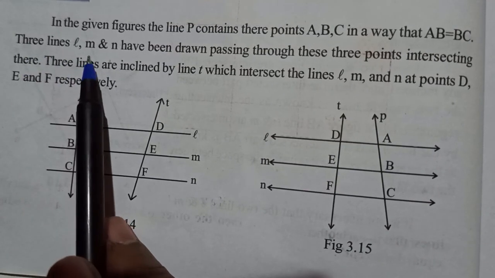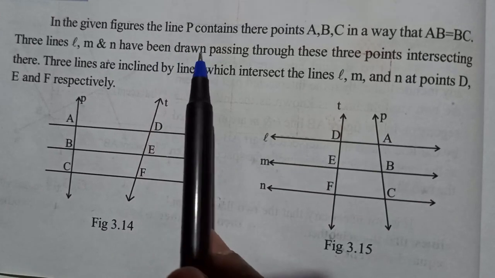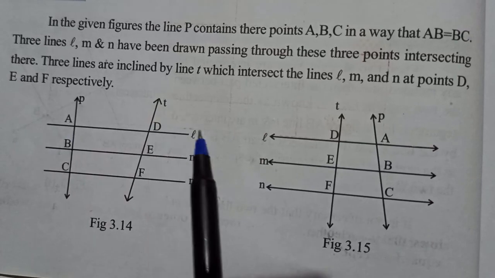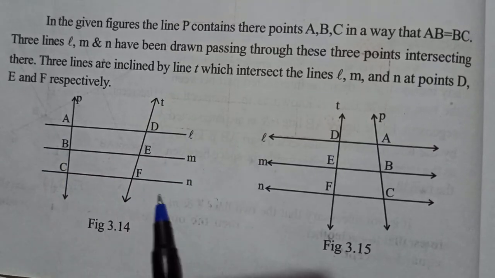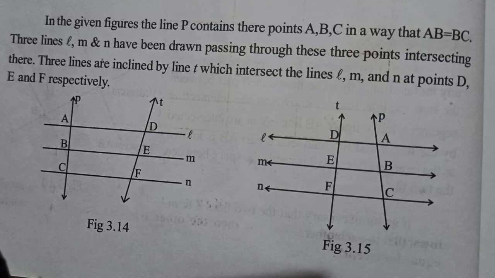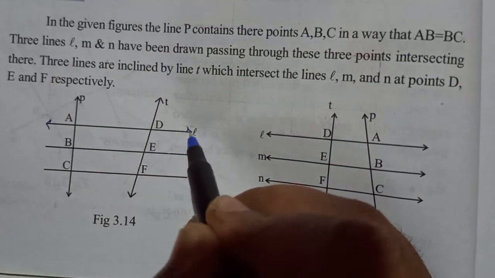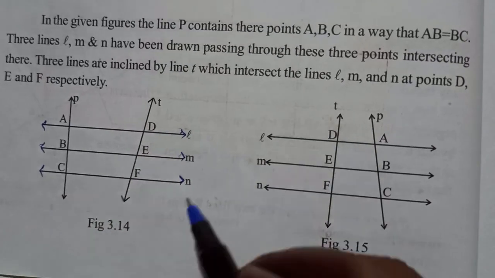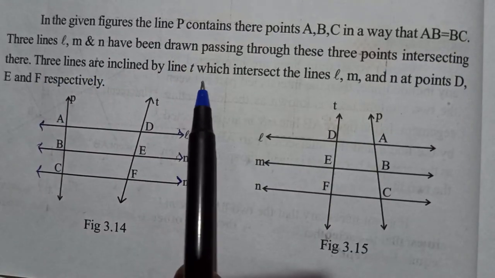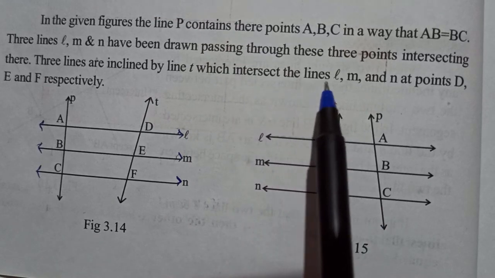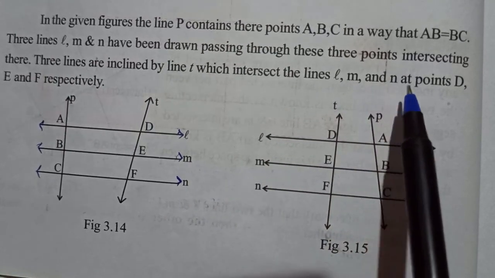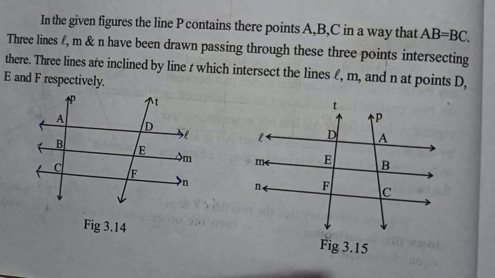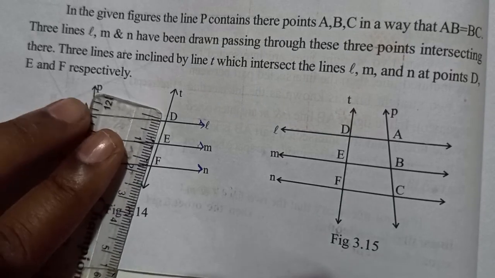Three lines L, M and N have been drawn passing through these 3 points. Three lines are intersected by line T, which intersects the lines L, M and N at points D, E and F respectively. Now measure the lengths DE and EF.